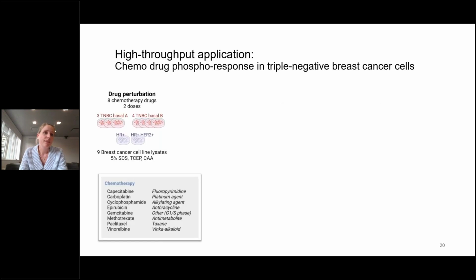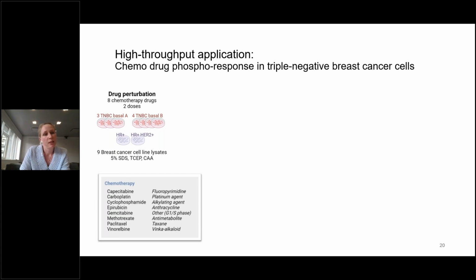With that, I just want to move into a high throughput application. And here we have used the 80 SPD Whisper Zoom method in a setup where we wanted to profile the phosphoresponse in triple negative breast cancer cells that were treated with different chemotherapeutic agents.